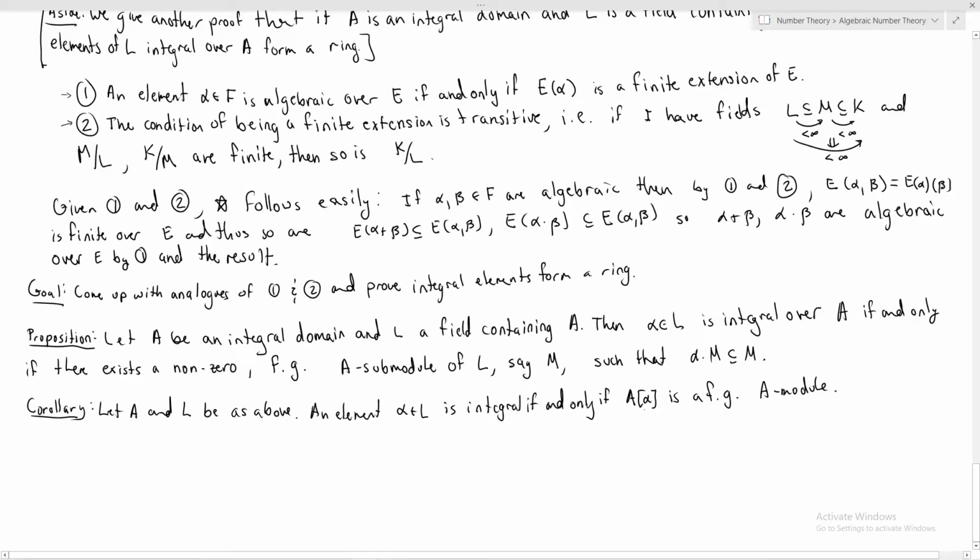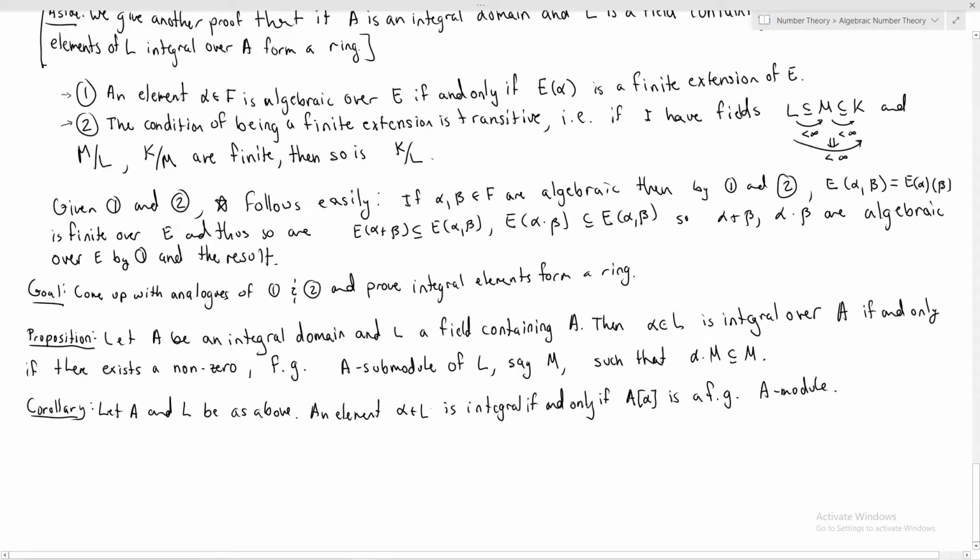You can check this just using the definition, and I'll prove this part, the only if part, when I prove the proposition.